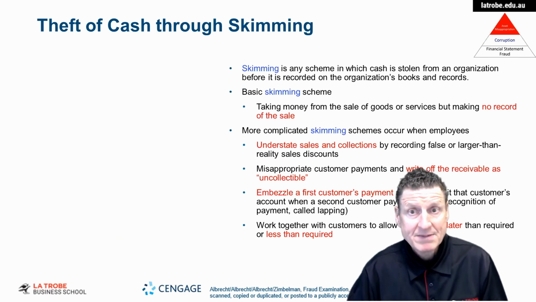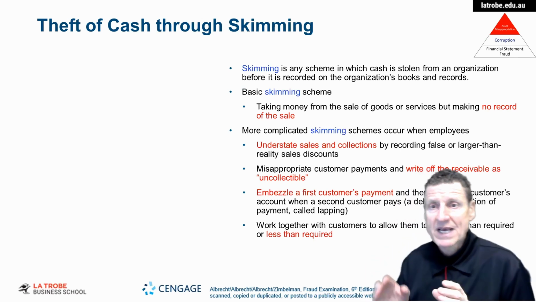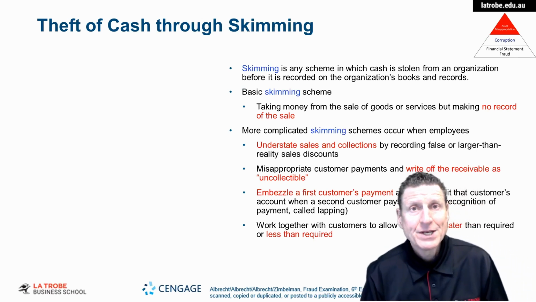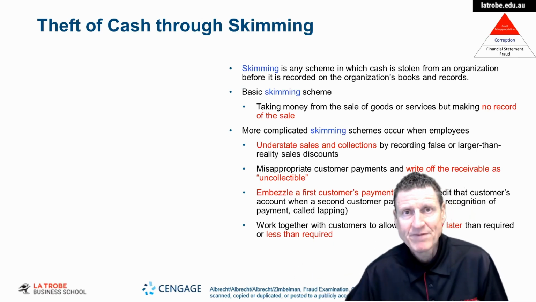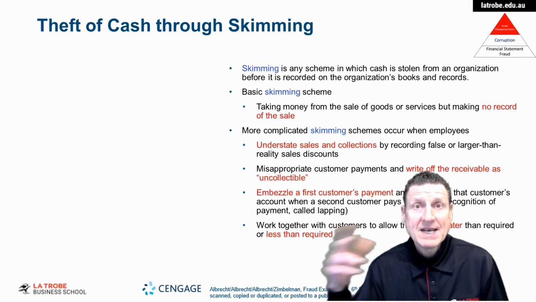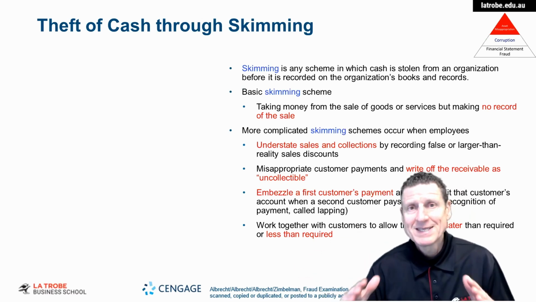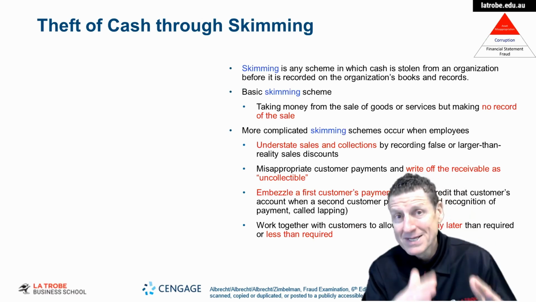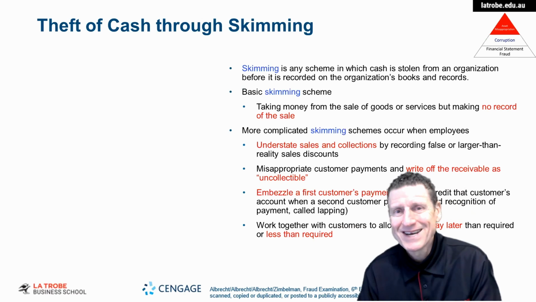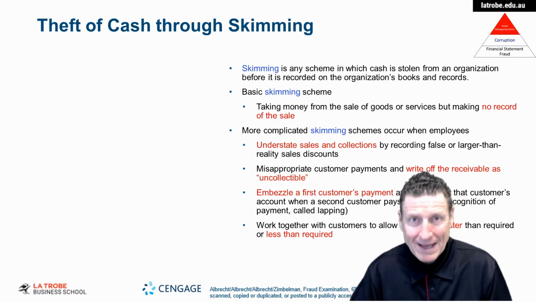More complicated schemes are where we understate the amount received, or we misappropriate customer payments and write off the receivable as uncollectible, or we might embezzle the first customer's payment and take the second customer's payment and use that as a replacement deposit for the first customer's payment. And that is called lapping. In other words, that is exactly how a Ponzi scheme works. So you could say that a Ponzi scheme inside the organization is what we call lapping.